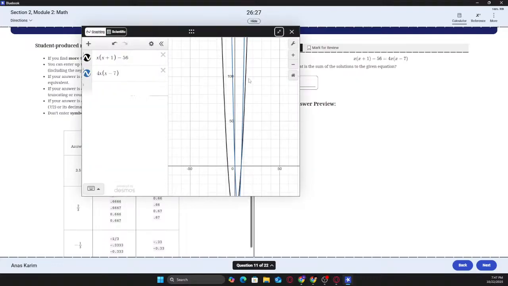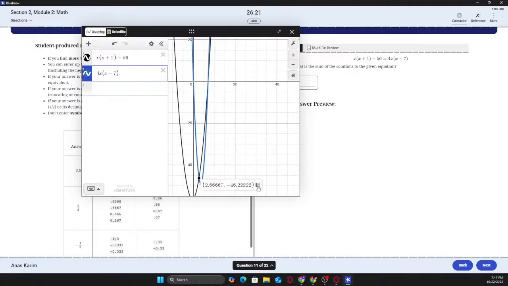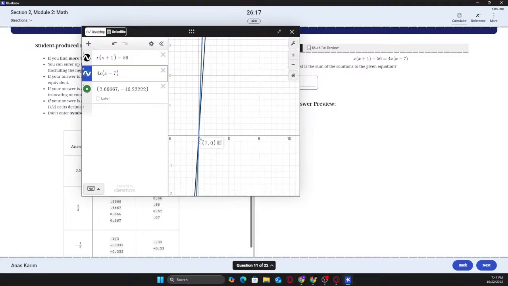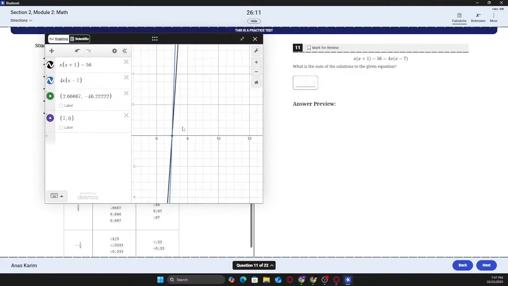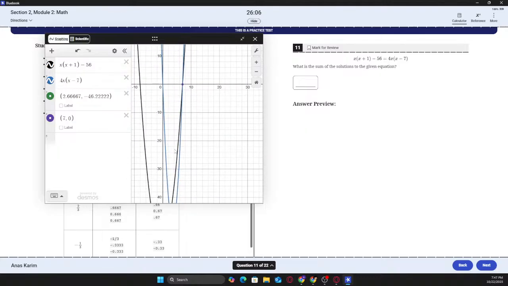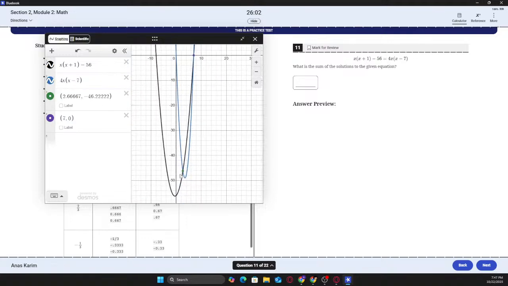So it crosses here, and ooh, that's a crazy value. Crosses there. So what is the sum of the solutions given to the equation? So we're given these two, and really all we have to do is just add them together.